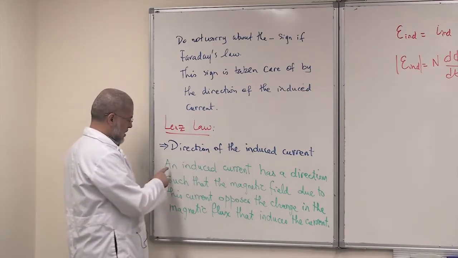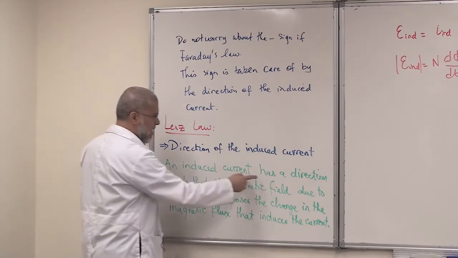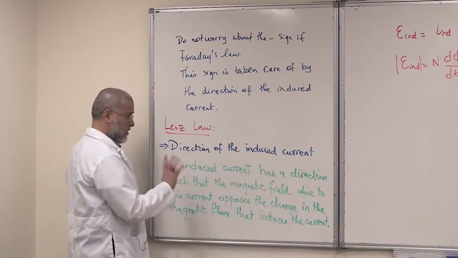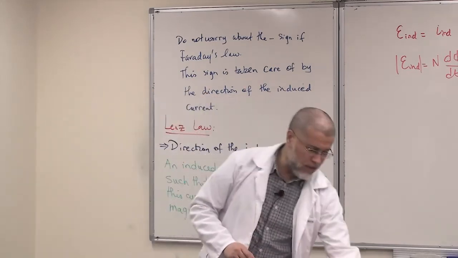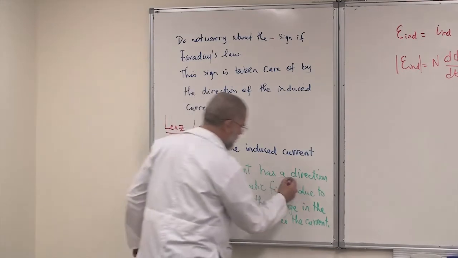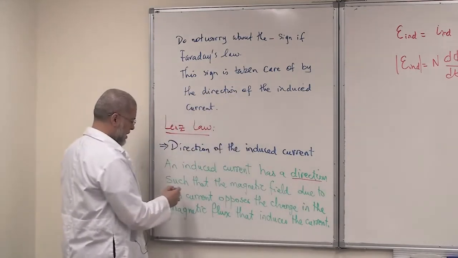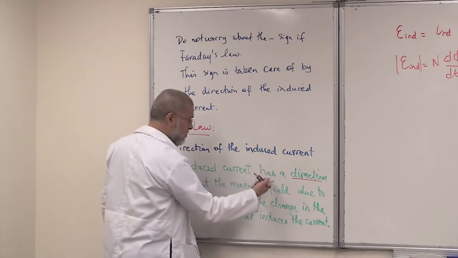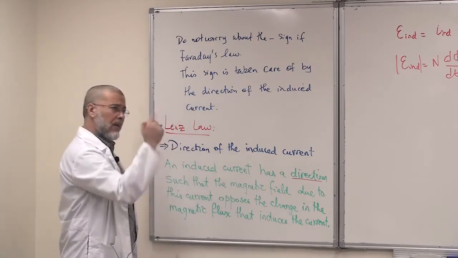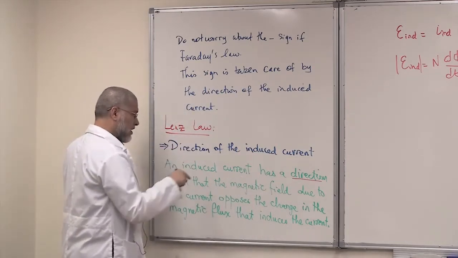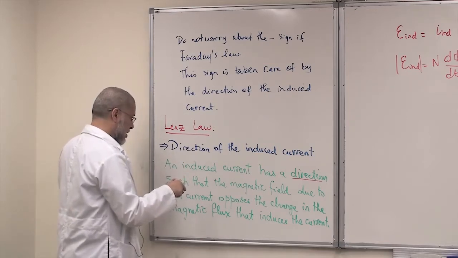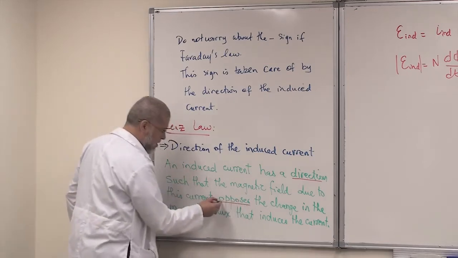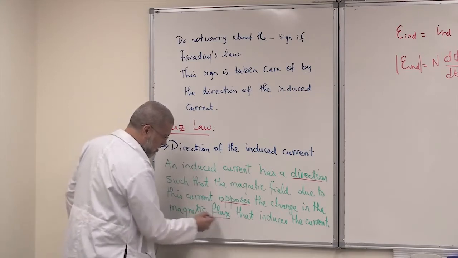It says an induced current has a direction, and we're talking about the direction of the induced current here. The direction is such that the magnetic field due to this current, because this current is going to produce a magnetic field, opposes the change in the magnetic flux.